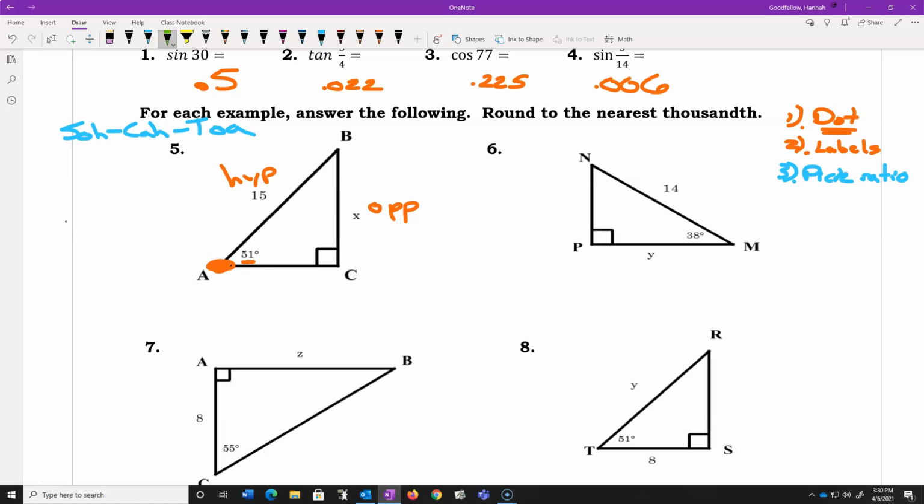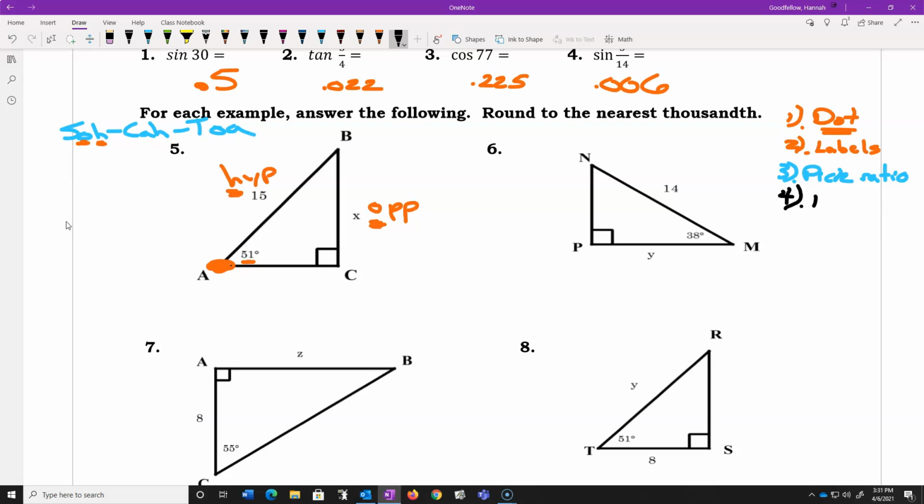And when you look at the question you're dealing with, it'll basically tell you which ones you've got. I have an O for opposite, and I have an H for hypotenuse. So the correct one to choose would be the only one that has an O and an H in it, which is sine.